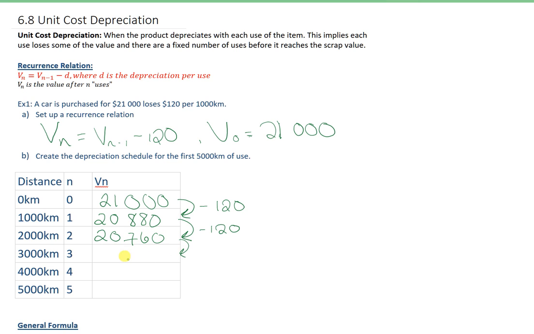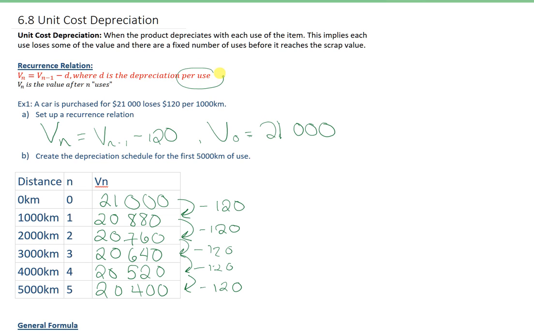And I keep going, subtract off another 120, $20,640, $20,520, finally $20,400. So every single time I drive 1,000 kilometers, I take off $120. So that's the idea with recursion. The big thing to remember is that a use is not necessarily a single kilometer, it could be a block of uses. Okay? So that's the basic theory and how to use it recursively.